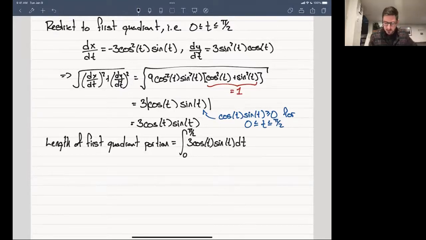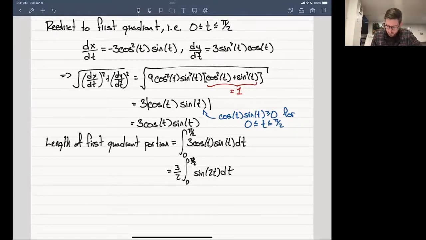And in this case, you can use a little trig identity to make this look a little prettier. You can say that cos t times sine of t is a half of sine of 2t. So there's a lot of different ways you can solve this integral. Substitution would be fine as well. It's up to you. But we'll have a little bit of fun with the trig identity here. So a double angle formula for sine of t in this case.